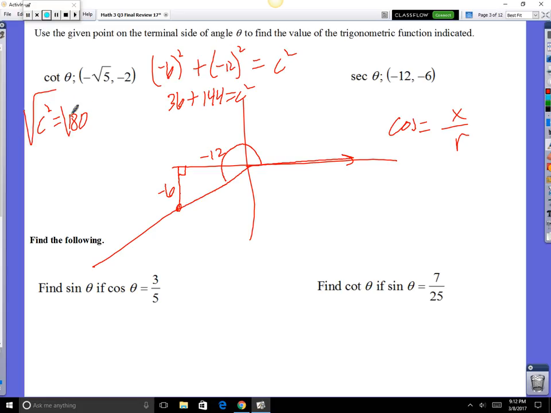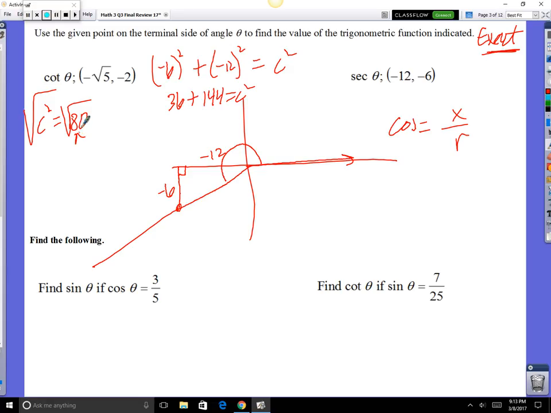Undo the square root. It does not say if they want an exact, but I'm going to say they do. So we want no decimals. We want it exact.